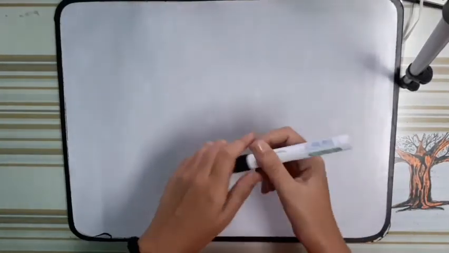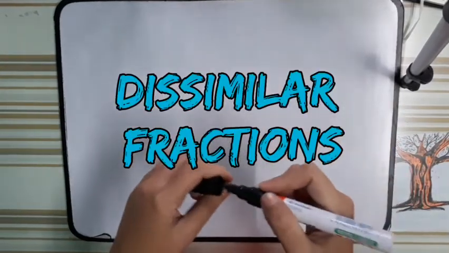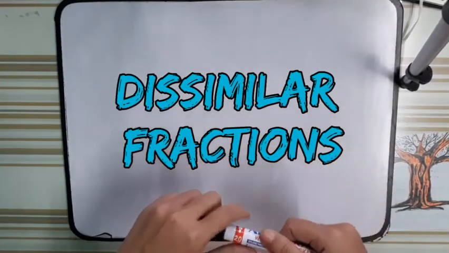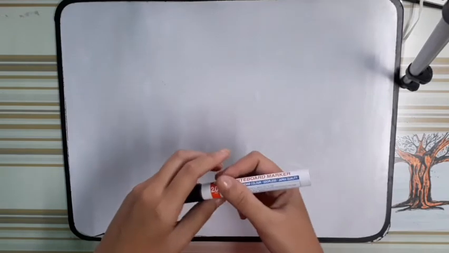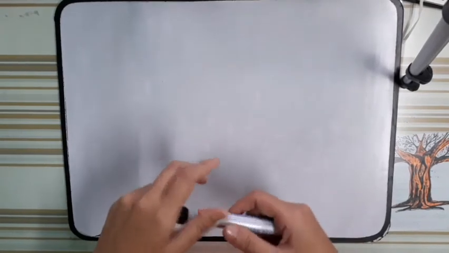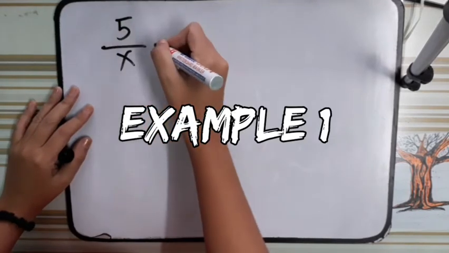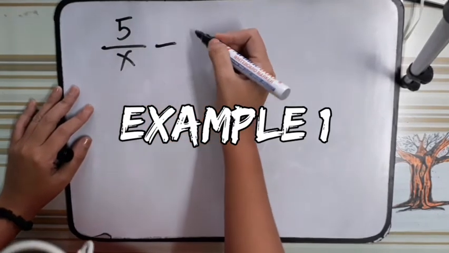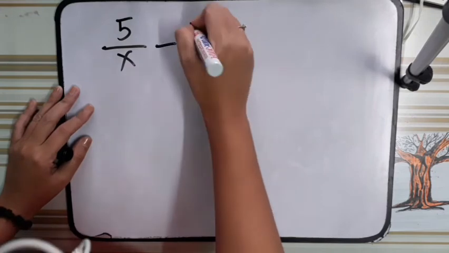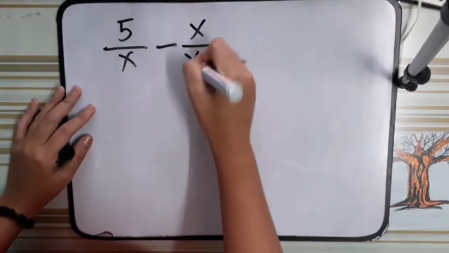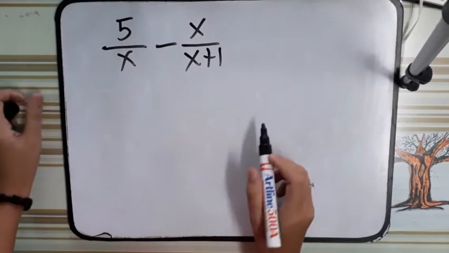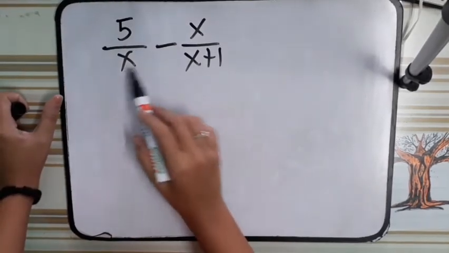Now, if we are going to add or subtract fractions with different denominators, we first find the LCD of those fractions, then proceed with our subtraction and addition process. So let's have an example. Let's say I have 5 over x minus x over x plus 1. As we can see, the denominators are different.